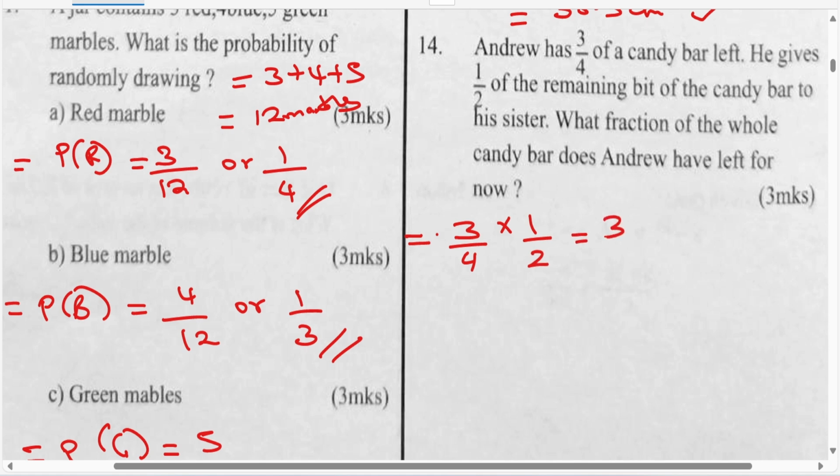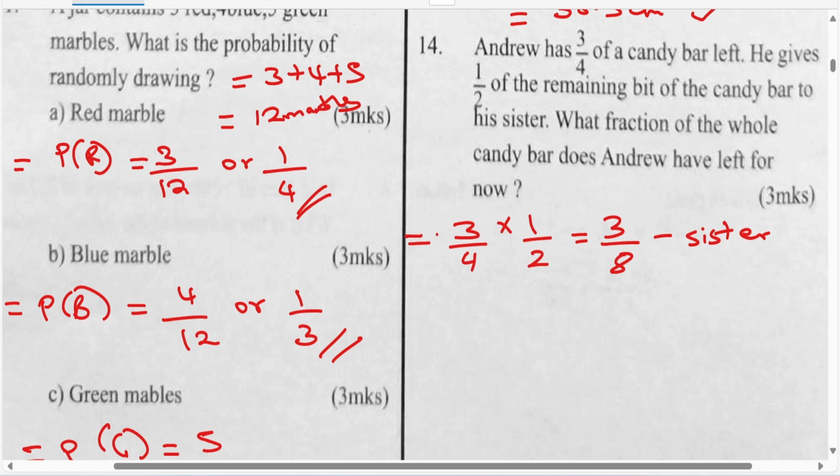So basically, his sister took 3/8, okay, of the candy bar. Okay, what fraction of the whole candy bar does Andrew have left for now? So I don't know if a quarter went to where, but he says he has 3/4 of candy bar left.